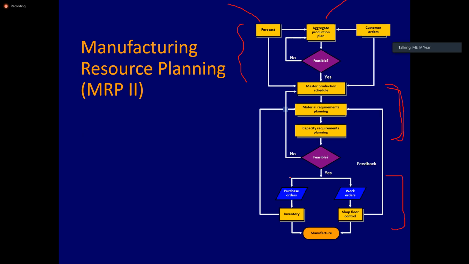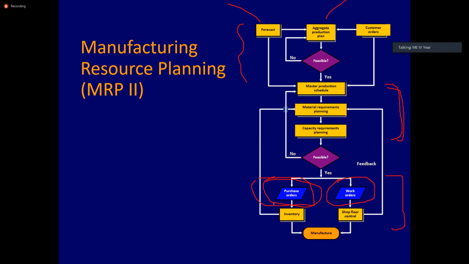For that we send a purchase order, and for what is made in-house we have to issue work orders, then only they will start work. Without work orders, shop floor people will not work. Without a purchase order, the supplier will not work.